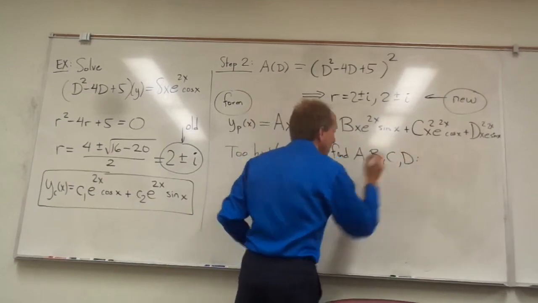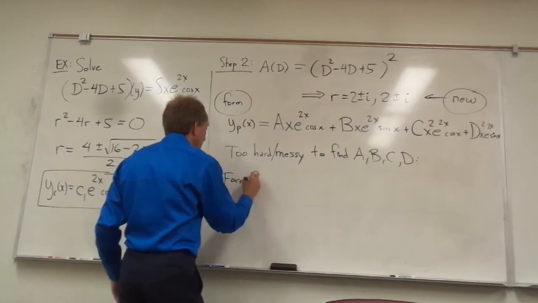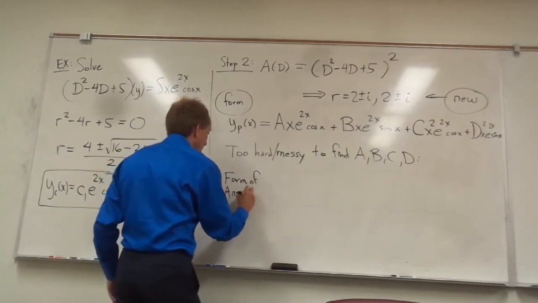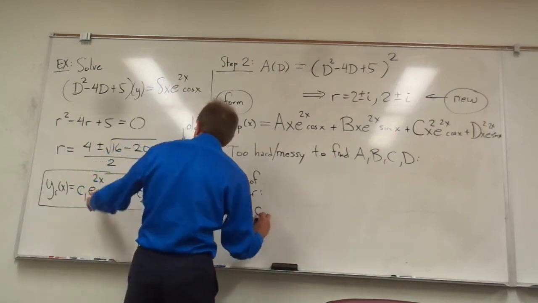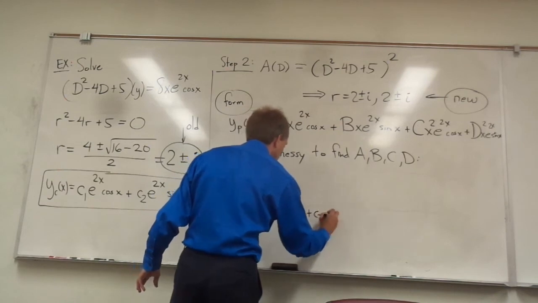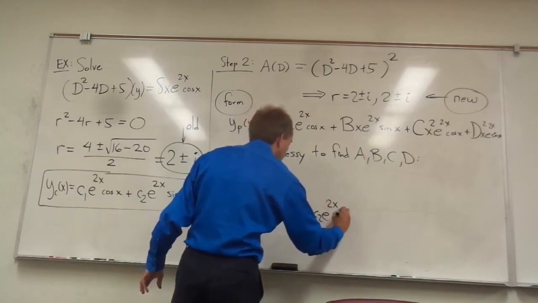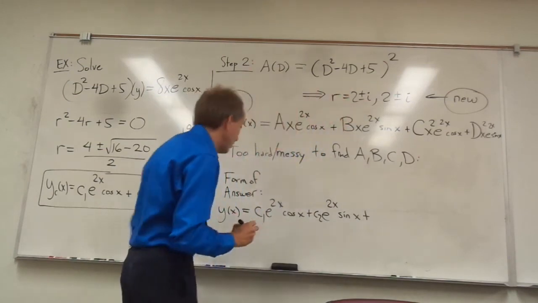So what you would do is you would just simply write down the form of the answer. And the way that that would look is y of x equals c1 e to the, you just put down the complementary function again. Okay, so there's the complementary function. And then you would just add the form of the particular solution.